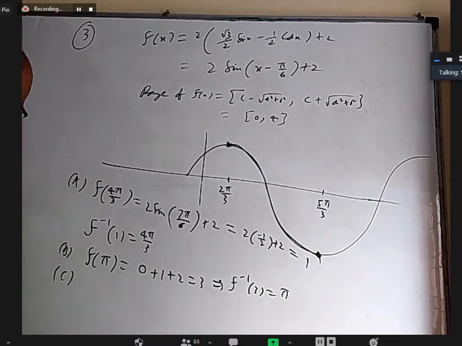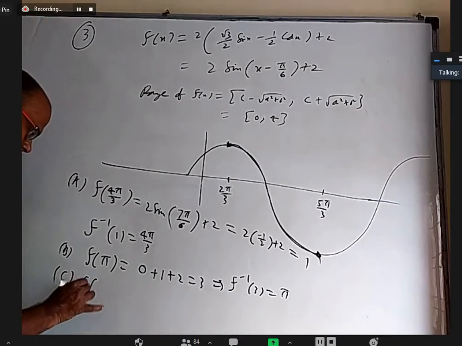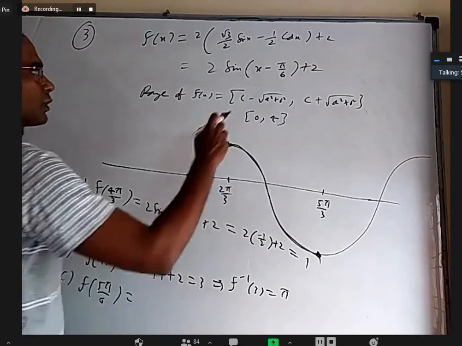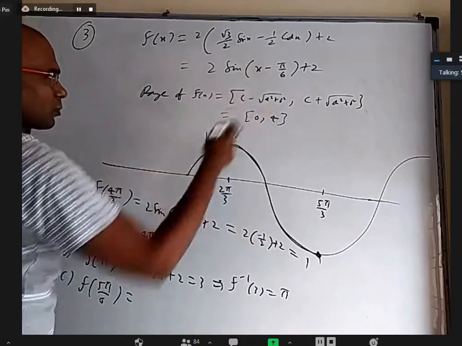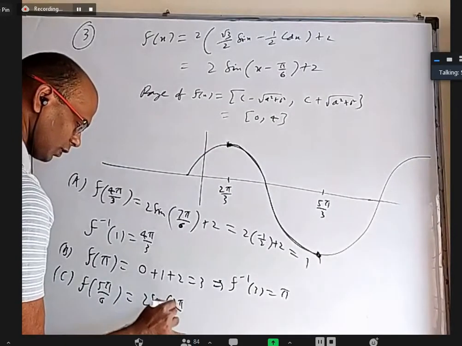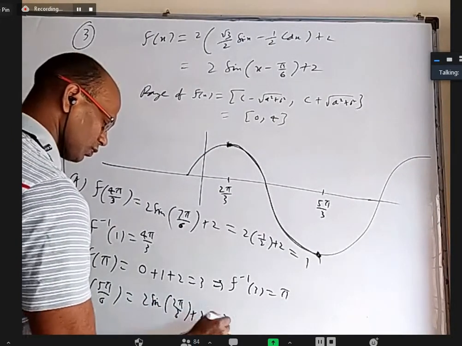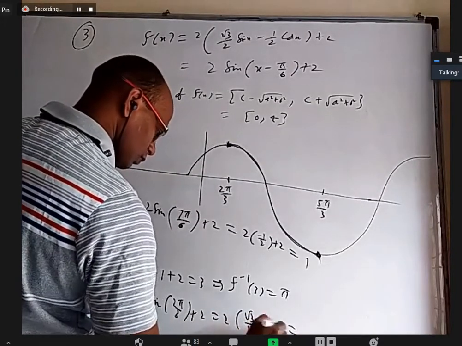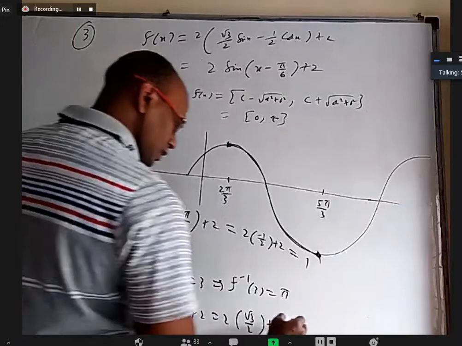Similarly, f of 5 pi by 6. If I put here 5 pi by 6, this is 4 pi by 6, which is 2 pi by 3. 2 sine 2 pi by 3 plus 2. Sine 120 is root 3 by 2, plus 2, which is 2 plus root 3.